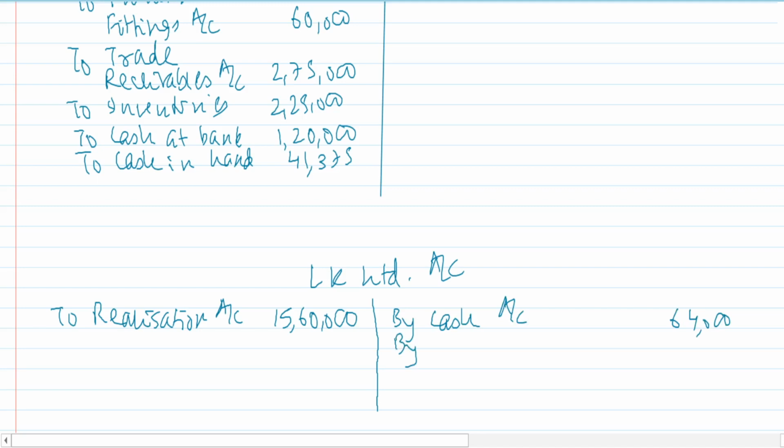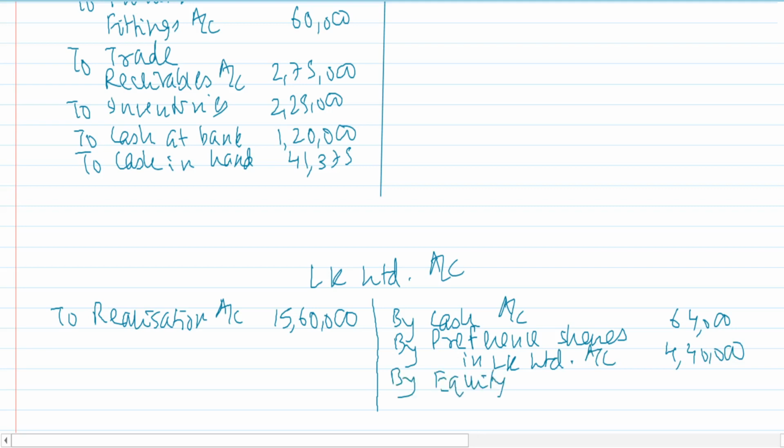By preference shares in LK Limited account, 4,40,000. By equity shares in LK Limited account, 10,56,000.